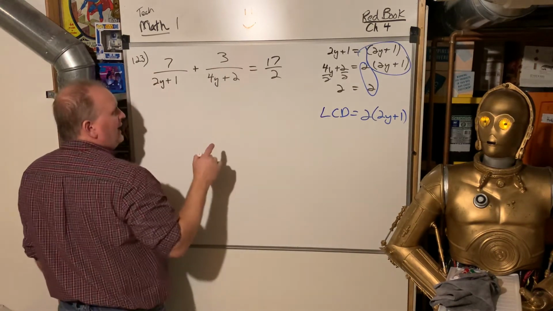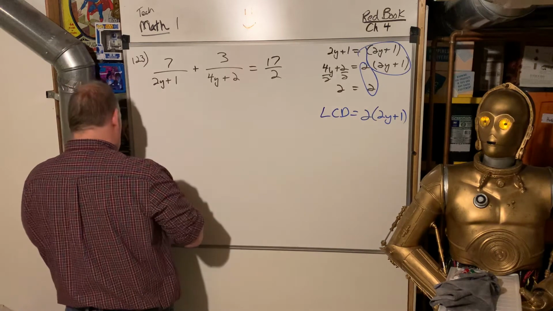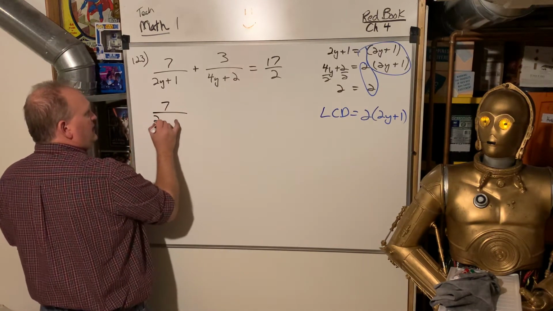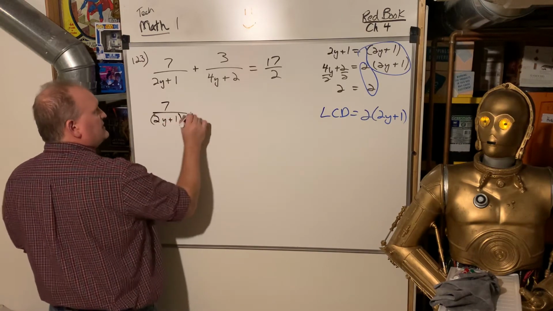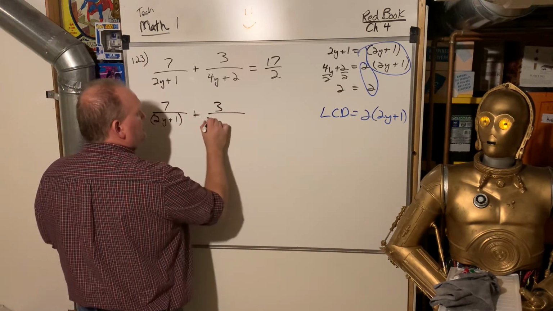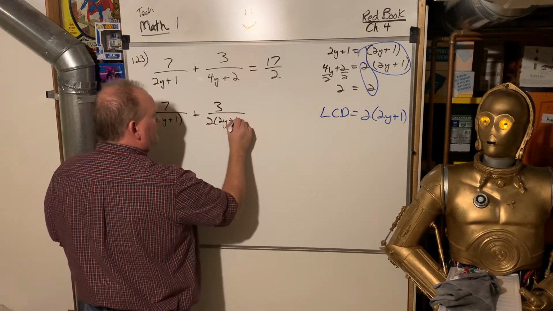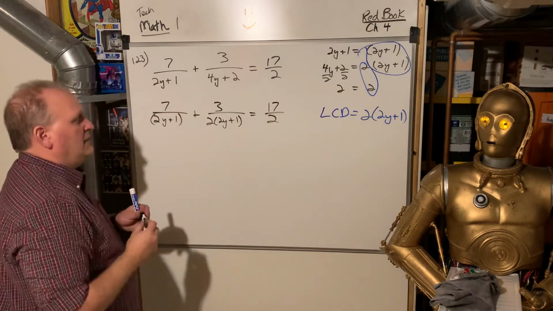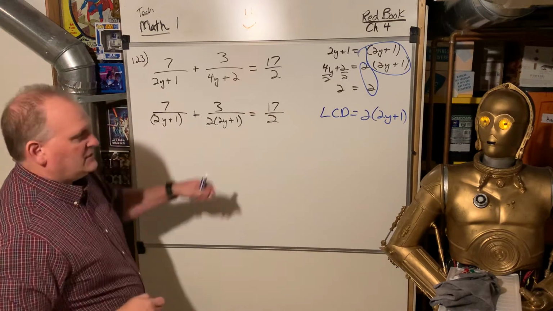And so that is my common denominator. Now, I am going to first write it so it's factored. So look, I'm going to rewrite it. So it's 7 over 2y plus 1, I'll put it in parentheses, plus 3 over 2 times 2y plus 1 equals 17 over 2. All right? So I just kind of wrote those as factored.